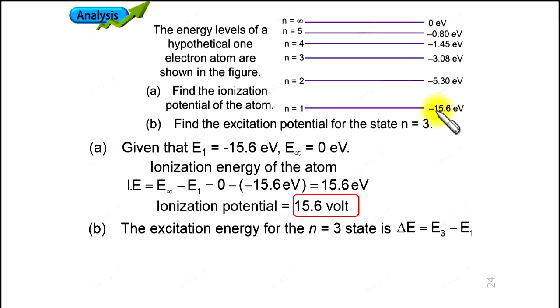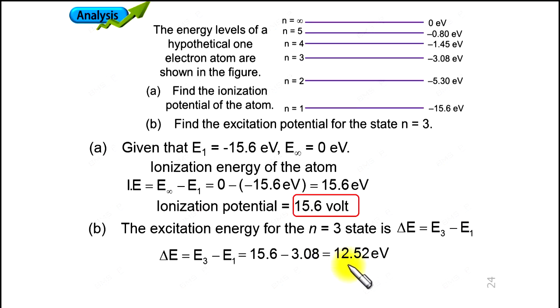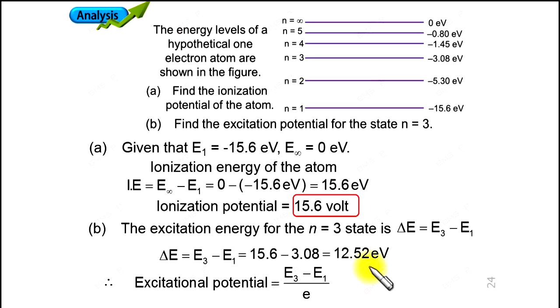So this value is equal to 15.6 minus 3.08, and numerically it is equal to 12.52 electron volt. For calculating the potential value, we should divide this quantity with e. So excitation potential equals E3 minus E1 divided by e, that is equal to 12.52 volt. So this is the B part of the question.